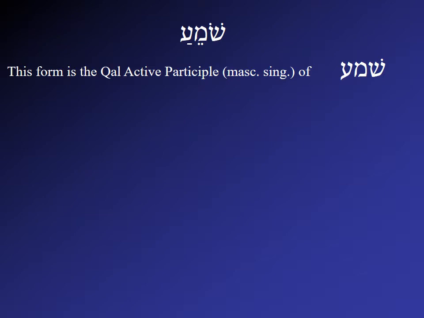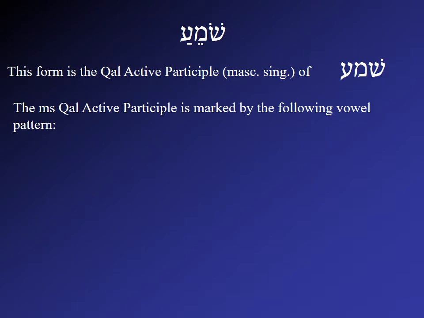Participles have gender and number, as nouns do. This one is masculine singular, shomea. The masculine singular kal active participle is marked by the following vowel pattern, using our strong root, poqed. So here we have an O vowel in the first syllable and an E class vowel in the second syllable. Poqed.